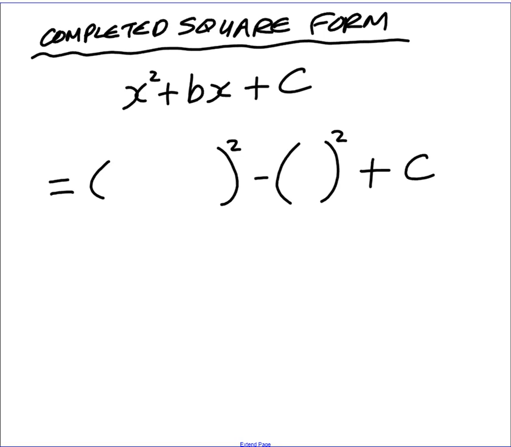So as I was saying earlier, since it's x squared, we're going to have an x in there because that's going to get squared eventually. Inside the bracket now, we're going to have a constant term. So that number, the b, could be positive or negative, whatever it is, just divide it by 2. So b over 2.